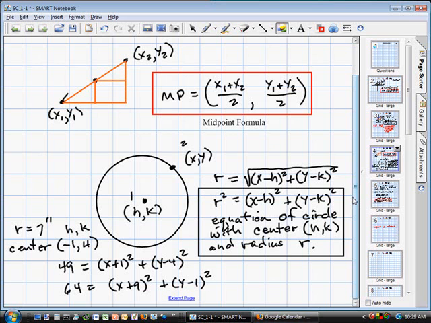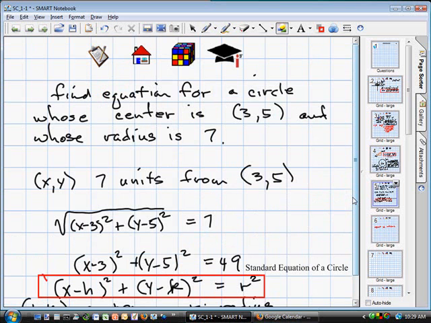And that's going to come up in our assignment. Okay, let's practice this a little bit. I just made up a problem here. What's the equation for a circle whose center is at 3, 5, and whose radius is 7? Well, I could go right back to standard form.